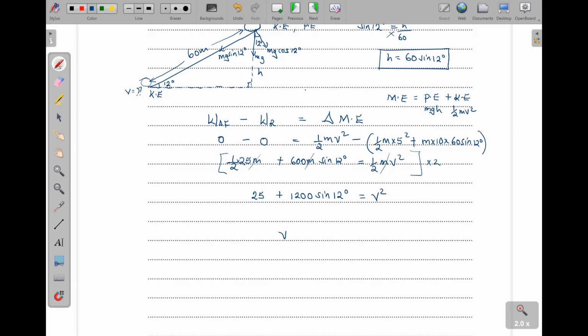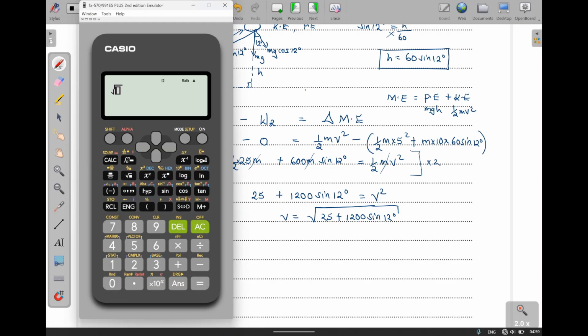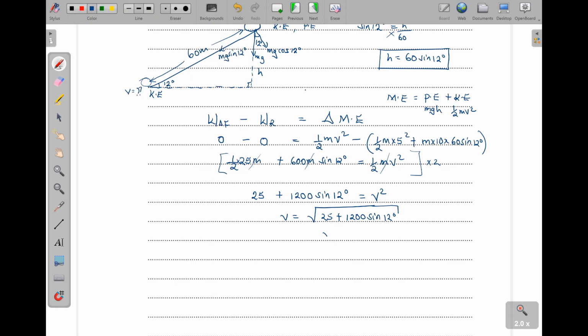So meaning our v is going to be equal to the square root of 25 plus 1200 sine of 12. So putting this in the calculator, we get 16.6 to 3 significant figures. So v is equal to 16.6 meters per second.